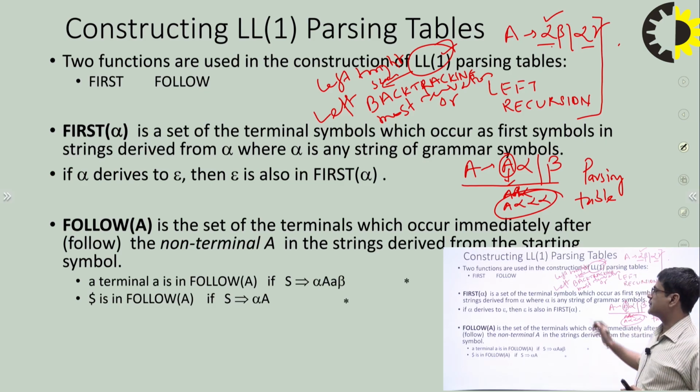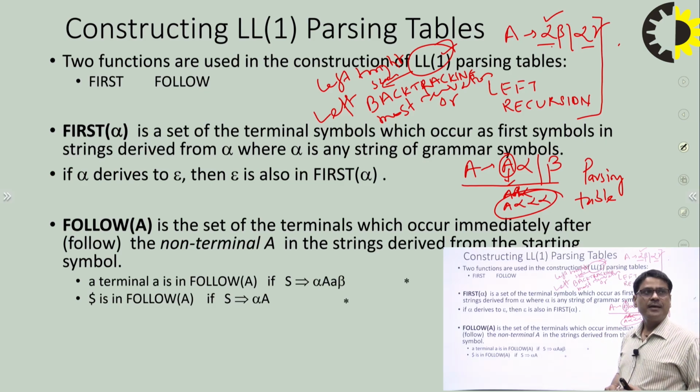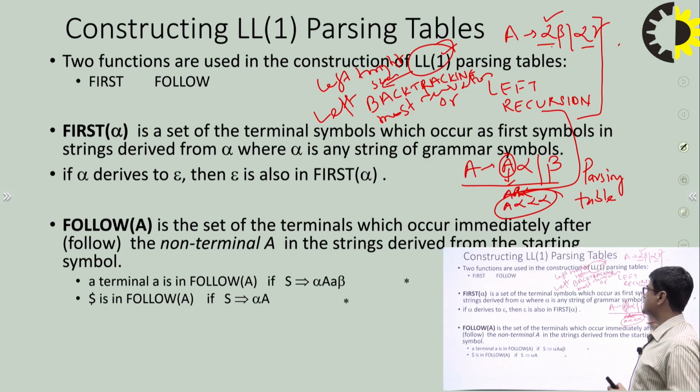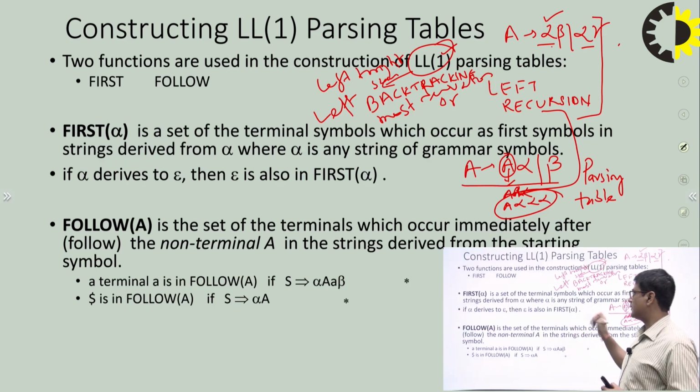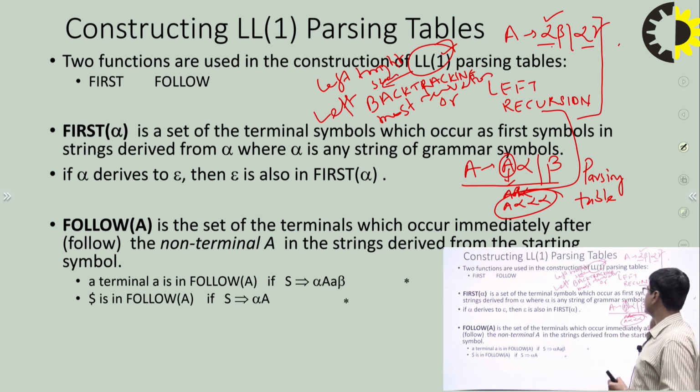The first one is first of alpha, and it has two or three rules to derive the first. First of alpha is the set of terminal symbols which occur as first symbols in a string derived from alpha, where alpha is any string of grammar symbols. So the set of first is terminals, only the terminals.